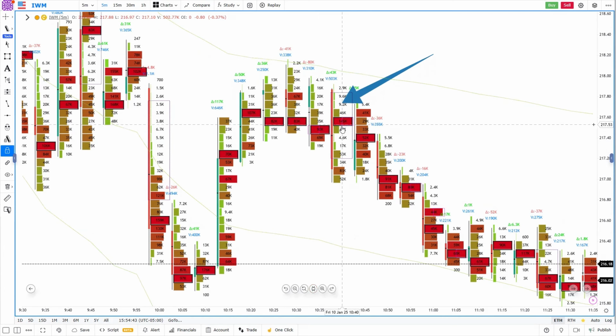That's a big number for any movement. We all know by being in the market for the time we've been in, only bigger players can create volume that large. So between roughly 217.60 and down to 217.52, there was a lot of volume, a lot of interest from bigger players in this candle.